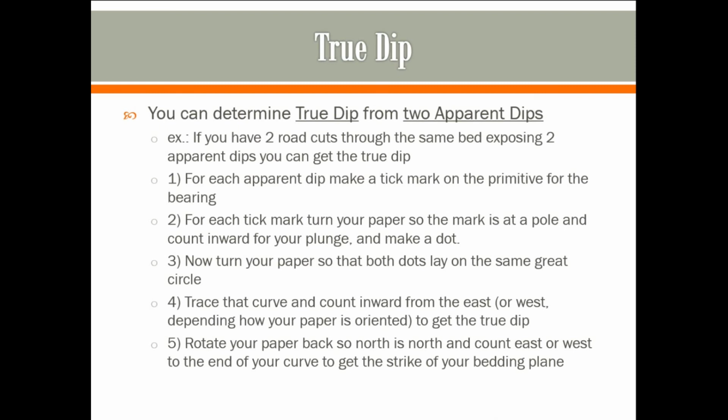Well, I guess technically two ways, one on the east side and one on the west side, but it'll be the same curve. So you rotate your paper until they show up on the same great circle, and trace that one from the North Pole to the South Pole. Now you have a strike and dip line that you can read.